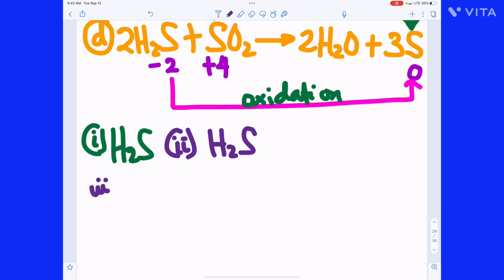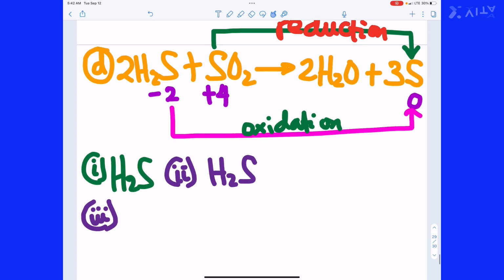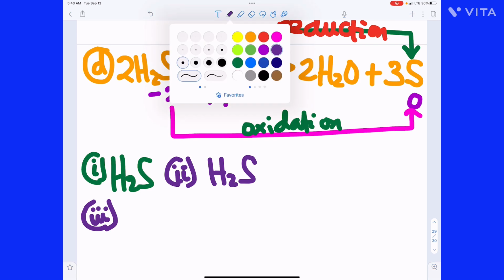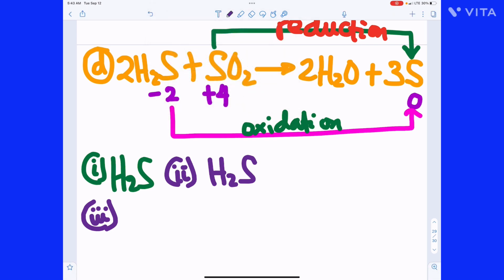Now, Roman number 3 says, what substance is reduced? Here, the oxidation number of sulfur changed from +4 to 0. So that's a reduction. But when telling the substance that got reduced, we will not say sulfur. We will say SO2.